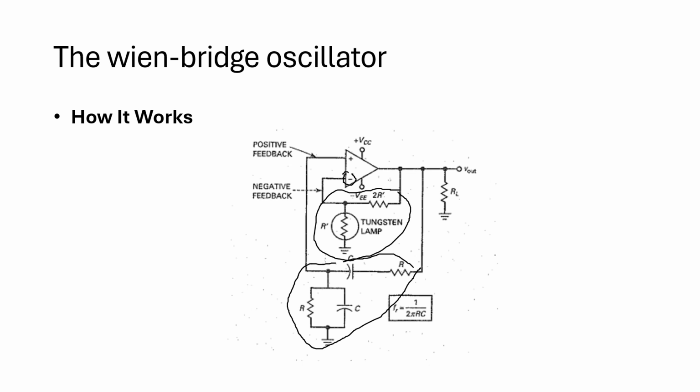So how does that happen? At power up, the tungsten lamp, this is your tungsten lamp, initially has low resistance. Since it has low resistance, the negative feedback is small. When the negative feedback is small, the loop gain is greater than 1, and the oscillations can build up at a specific resonant frequency.